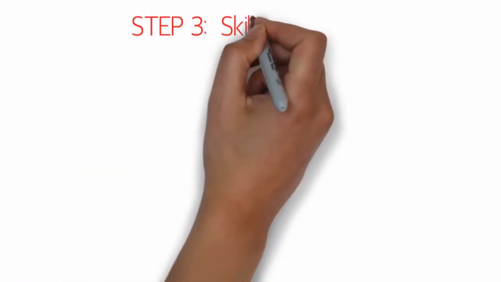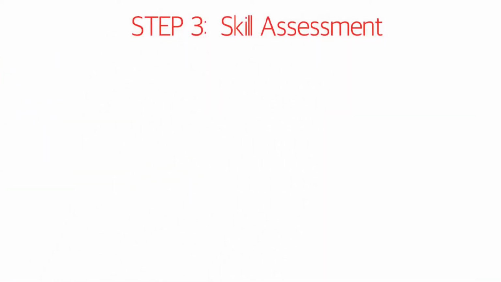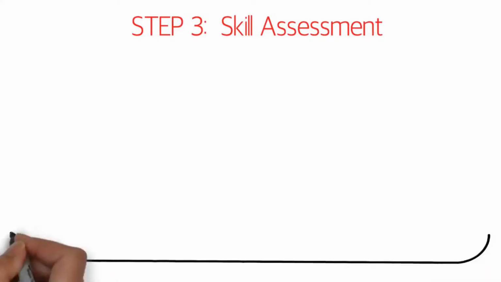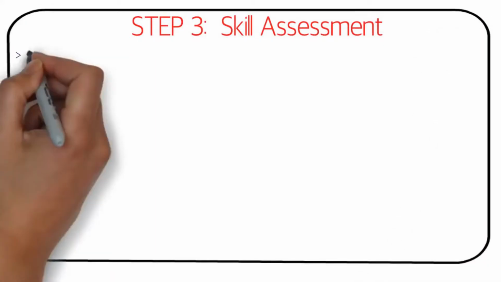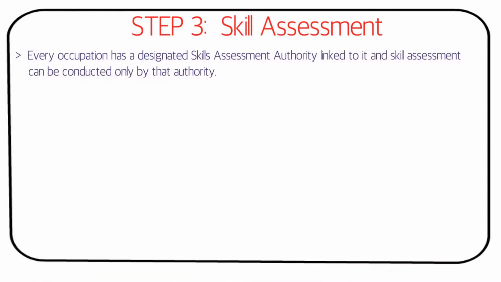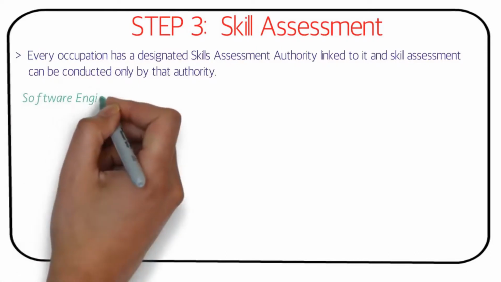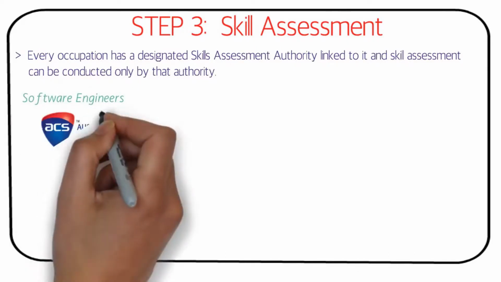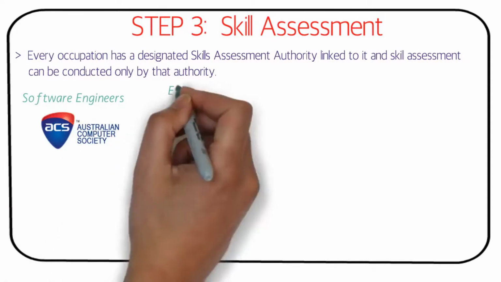Okay, now step 3, skill assessment. This is very important and very crucial, so please pay attention. Every occupation has a designated skill assessment authority linked to it, and skill assessment can be conducted only by that authority. Let me show you which authorities there are. For software engineers, there is the Australian Computer Society, which is ACS.